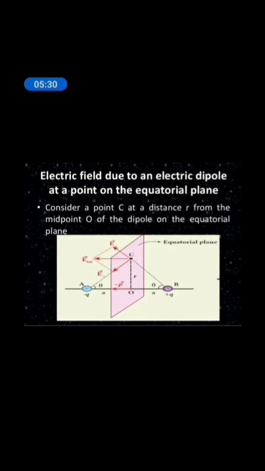Now the second case, electric field due to an electric dipole at a point on the equatorial line. Let us consider a point C at a distance r from the midpoint O of the dipole on the equatorial plane, and it is clear from the diagram that the distance of the positive charge from point C is equal to the distance of the point from the negative charge.